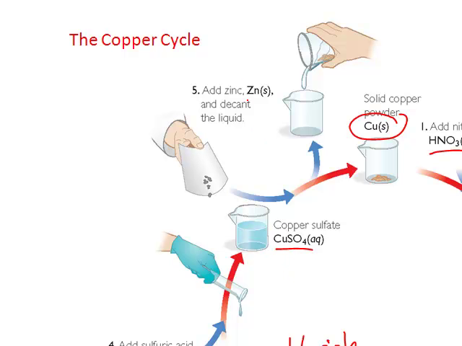We added zinc to it and there was a huge change where the copper sulfate solution turned clear or almost clear, and we got the copper powder again at the end, even though it was wet. It looked a little bit different, but it was still that brownish copper color, and if we tested it and dried it, it would be the same material, same element.